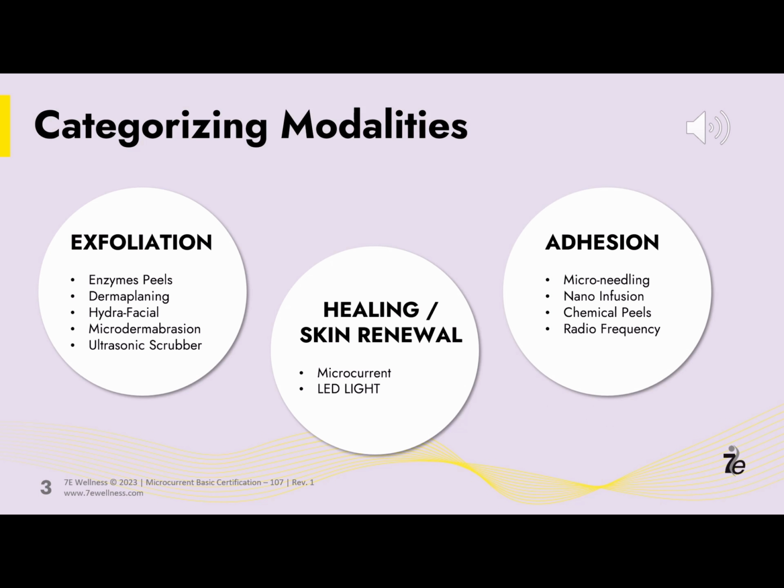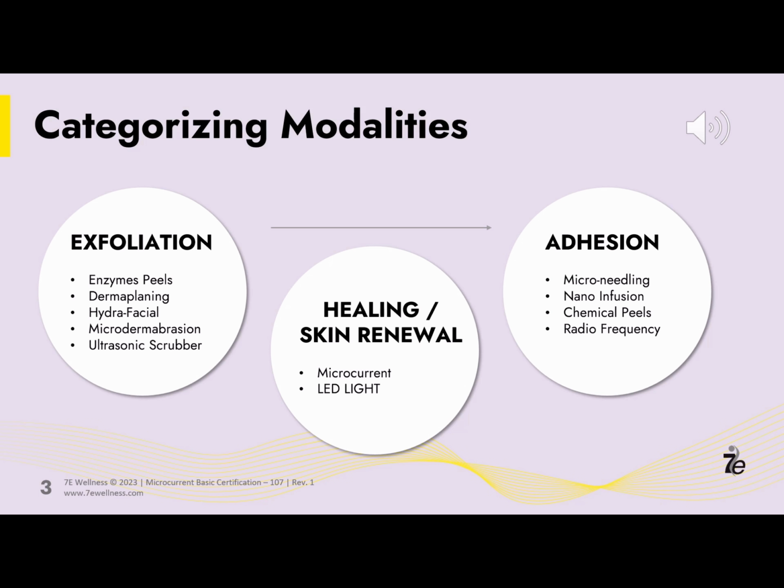That can be microneedling, a nanoinfusion, chemical peels, radio frequencies. These modalities create a wound, which causes the skin to go into a healing process that initiates a natural production of collagen. The last category that you usually will use when you're in your treatment room is the healing or skin renewal modalities.